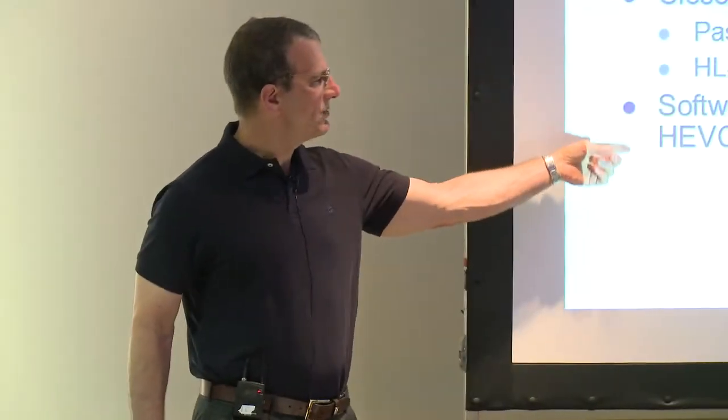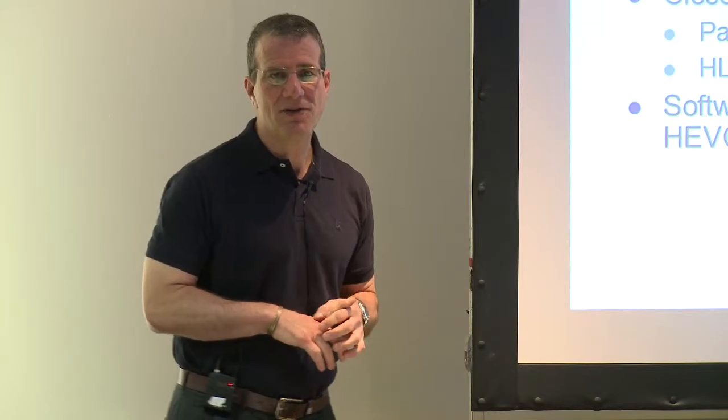One of the big ones over the last 1 or 2 years is, is it going to be software updatable to HEVC? So Elemental has kind of put a line in the sand and said, everything we do is going to be software updatable to HEVC. We're really a software company, not a hardware company.